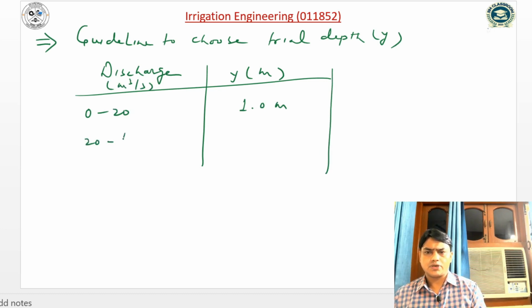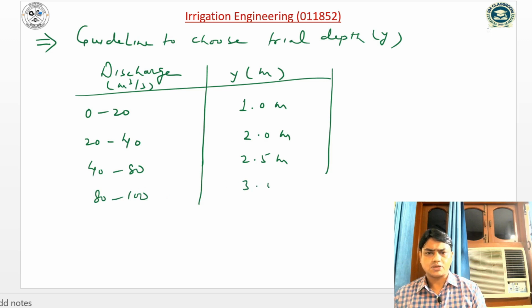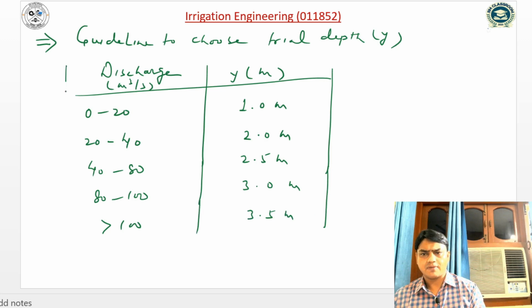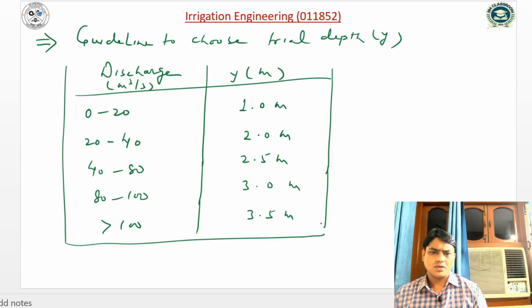Similarly 20 to 40, we can take the trial depth as 2 meter. 40 to 80, then 2.5 meter. 80 to 100 meter cube per second, then 3 meters, and greater than 100 meter cube per second, then we can take trial depth as 3.5 meter. So this is the thumb rule. If the discharge is given, with the help of this data we can start the trial depth.